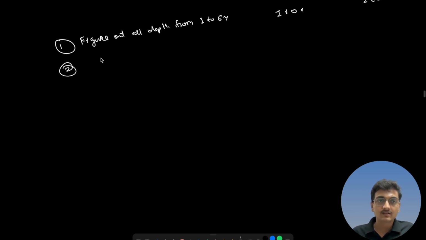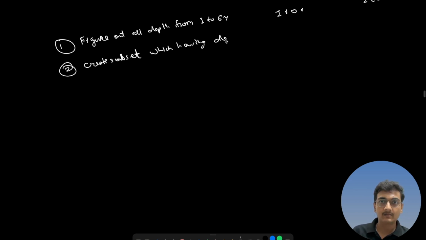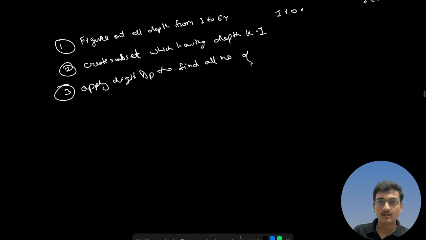Second task is to create a subset which has depth k minus 1. And third task is to apply digit DP to find the number of possibilities. That's it.